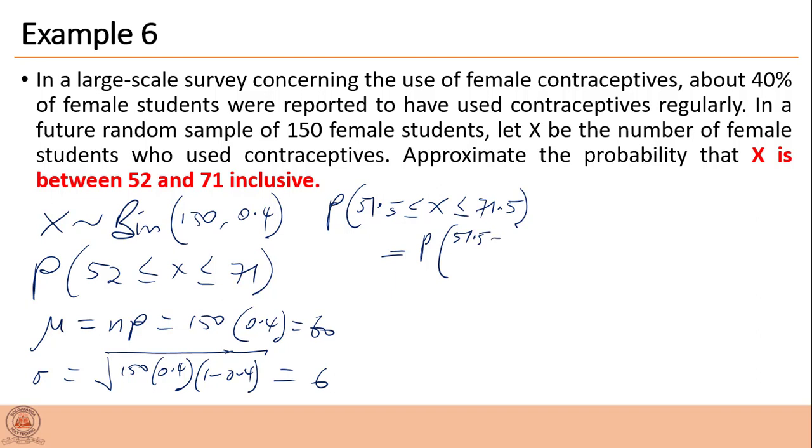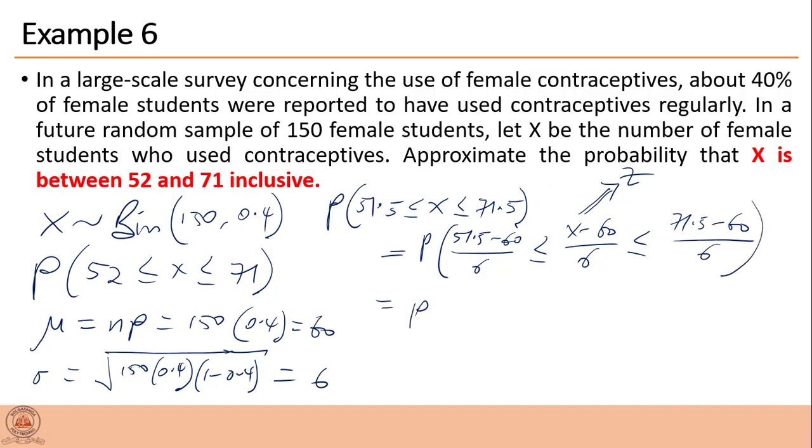So this will equal the probability of (51.5 minus 60) divided by 6 less than or equal to (x minus 60) all over 6, and this is our z value, our z calculated value, less than or equal to (71.5 minus 60) all over 6.